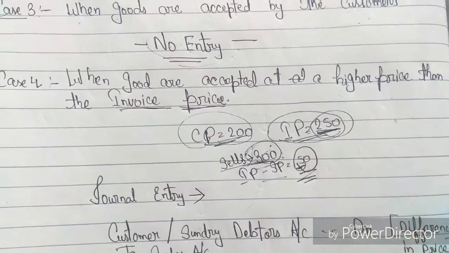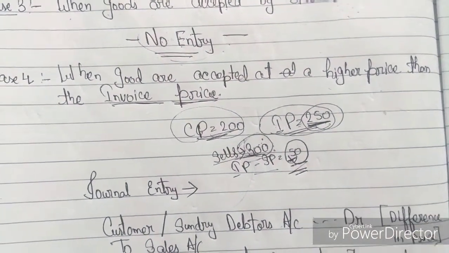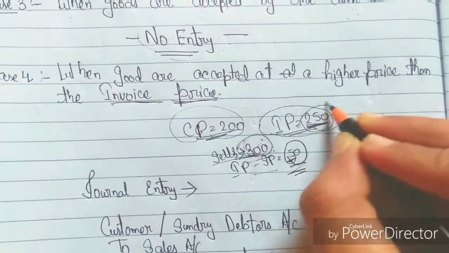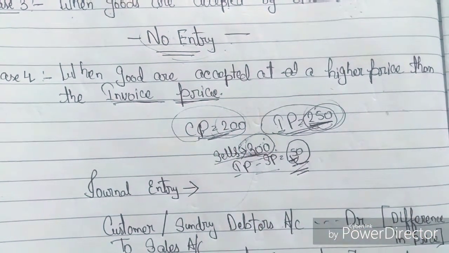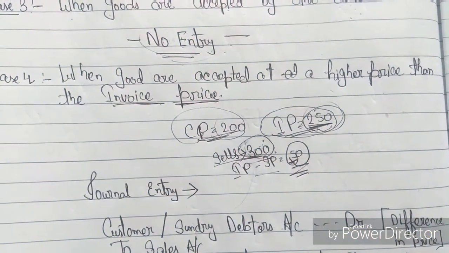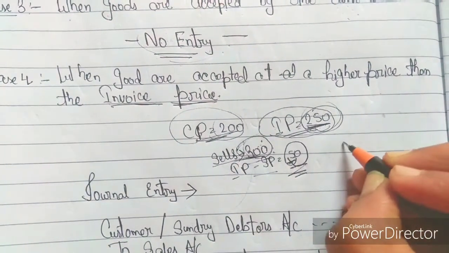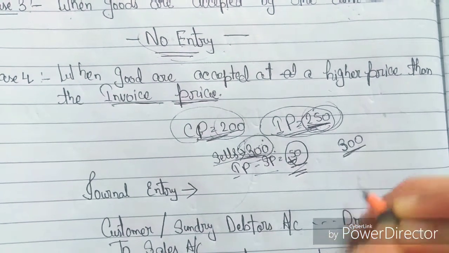Now case 4. When goods are accepted at a higher price than the invoice price. Sometimes the manufacturer sets the IP, suppose at 250, and the cost price is 200. Now he wants to earn more profit. So he decides that he will sell it at 300.